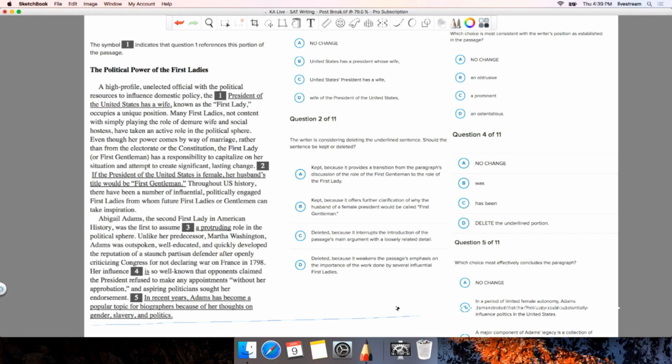A high-profile unelected official with the political resources to influence domestic policy, so high-profile. The President of the United States has a wife, known as the First Lady, occupies a unique position. Many First Ladies, not content with simply playing the role of a demure wife and social hostess, have taken an active role in the political sphere.